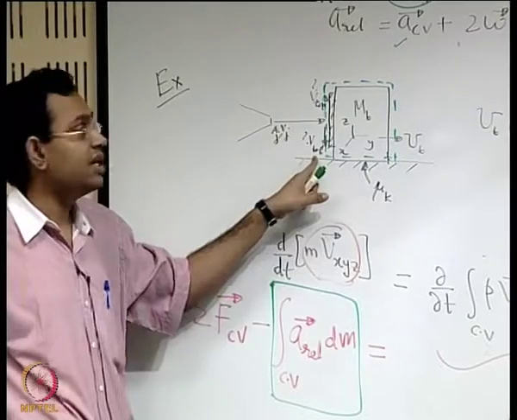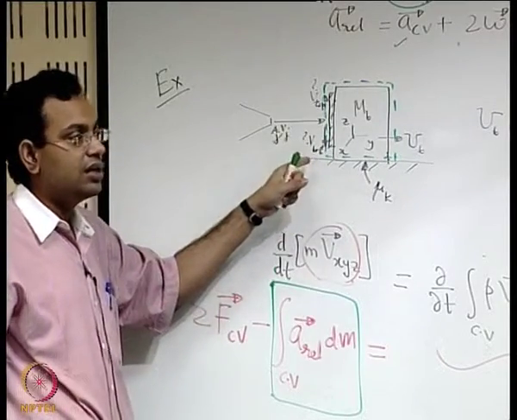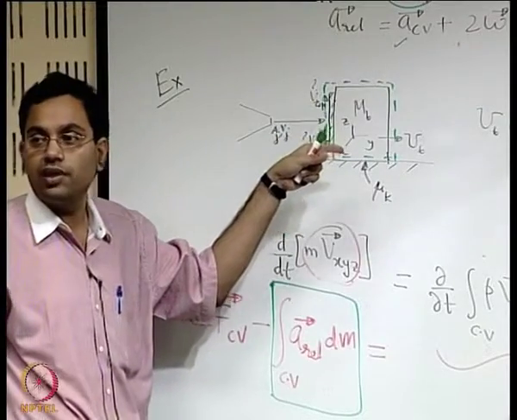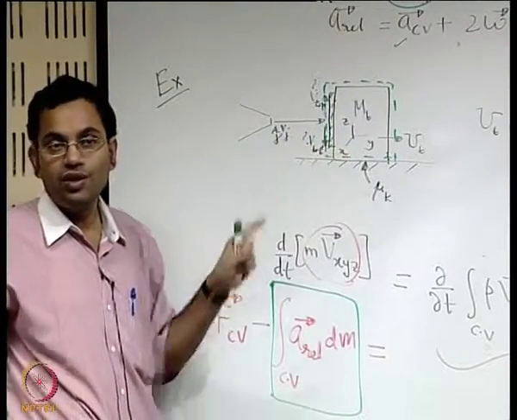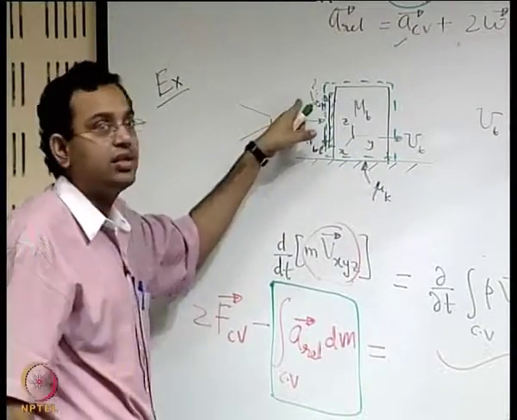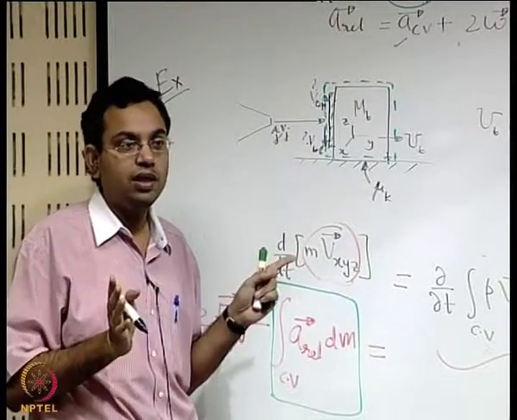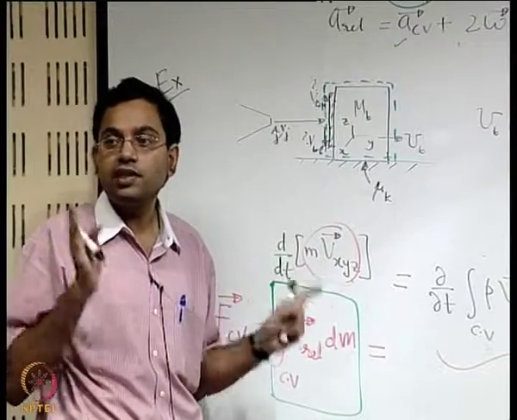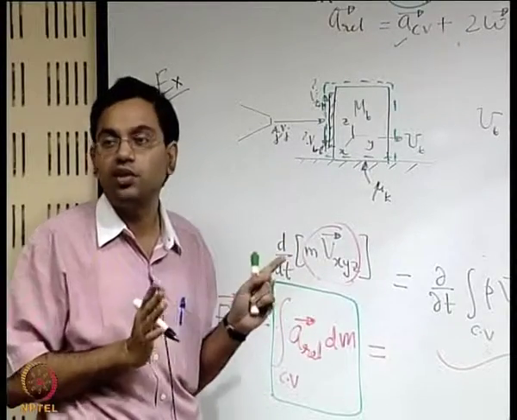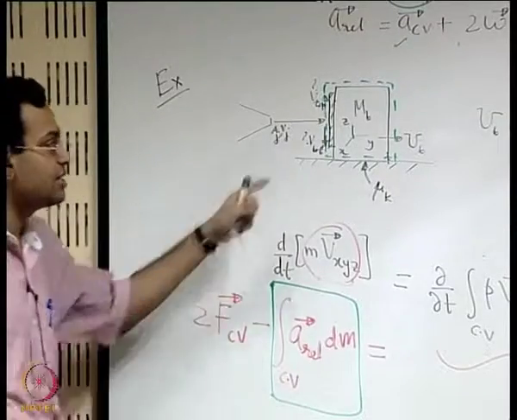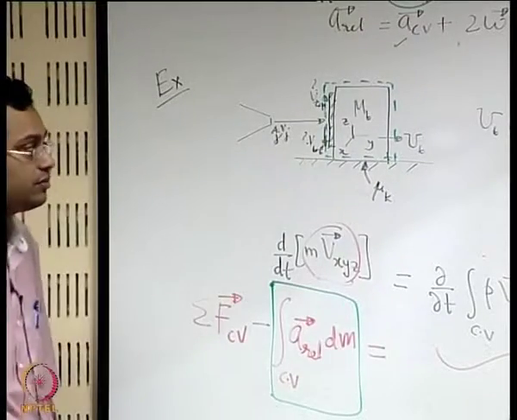But the good thing is that since these are vertical, these will not have any consequence on the horizontal momentum transfer. So our ignorance or lack of knowledge on this will not be magnified. This is a good thing for solving the problem, but it is important to know that this is a very important ignorance. It is not so easy to tell what these velocities are, because this is an accelerating reference frame.